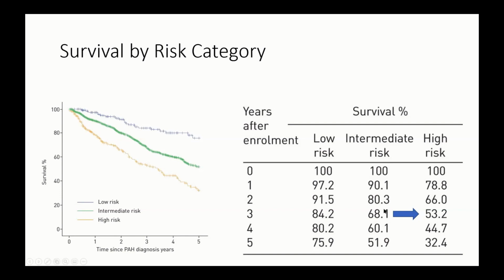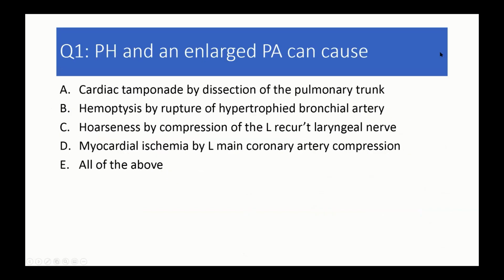She is in this area. High risk group would have a 53% survival only at 3 years. So half of those patients die. So that makes measuring the pulmonary artery pressure to predict pulmonary hypertension very important for survival.